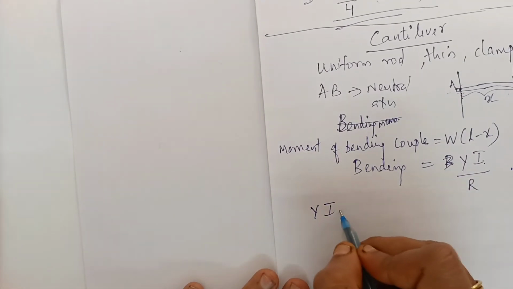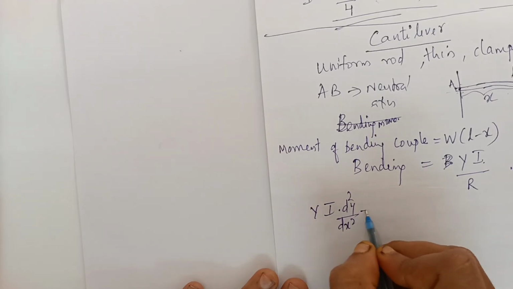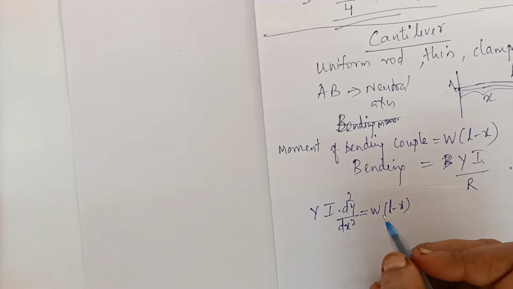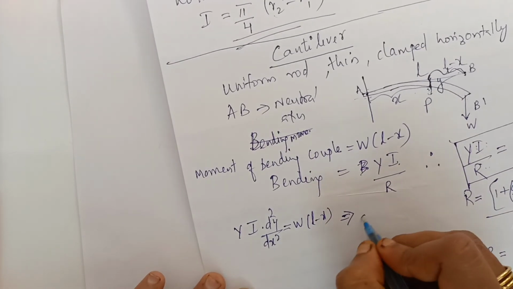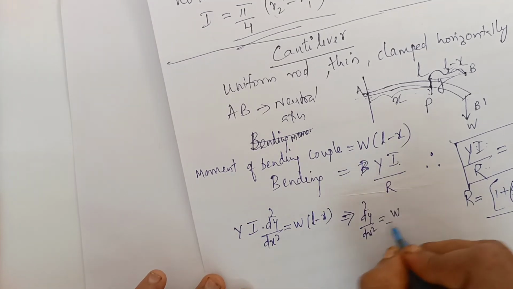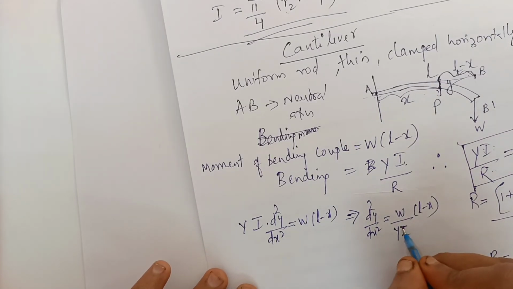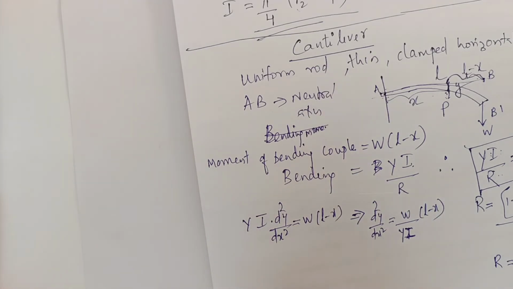So YI into d square y by dx square is equal to W into L minus x. Or this implies that d square y by dx square is equal to W by YI into L minus x. Just cross multiplied.